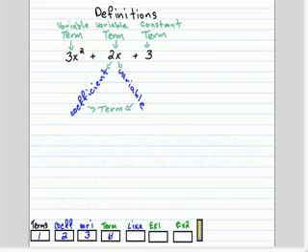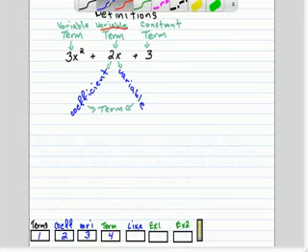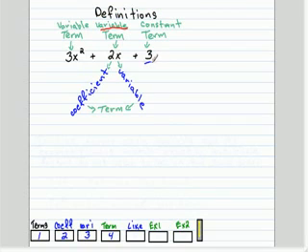Together then, those make a term, and in particular they make a variable term. So this is a variable term. When we have a constant term, it's a constant because 3 doesn't change. 3 is always going to be 3. But the variable term 2x is going to change depending on the value of x.